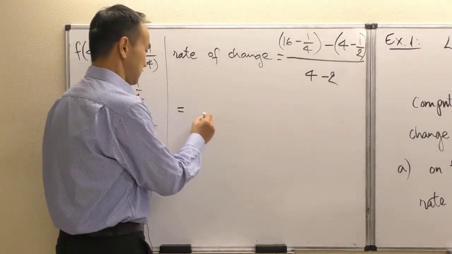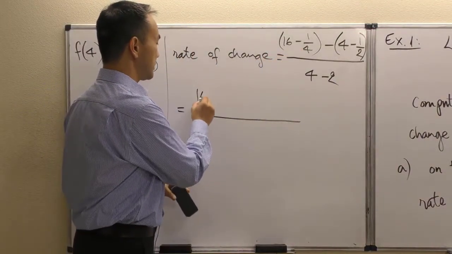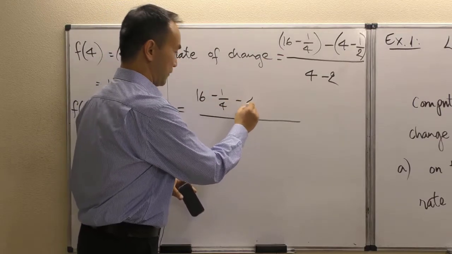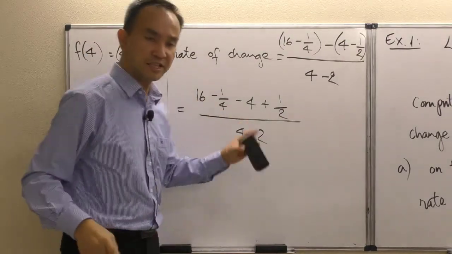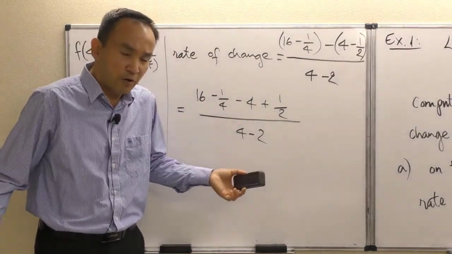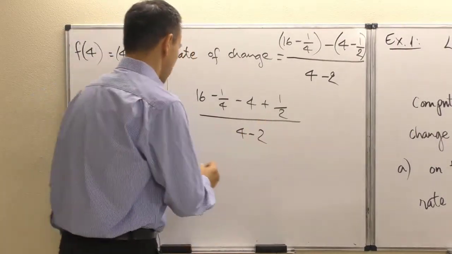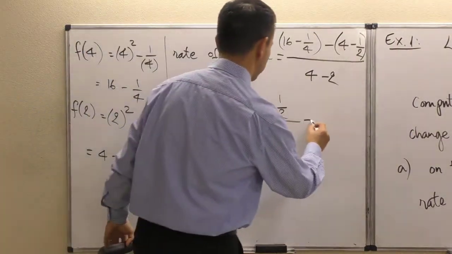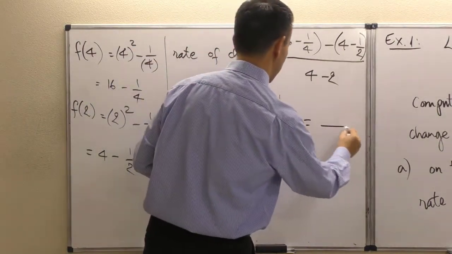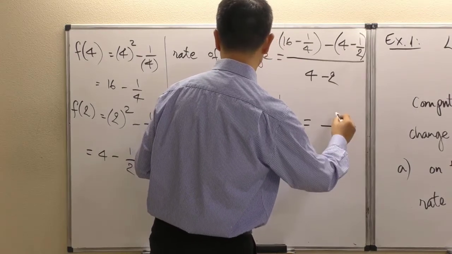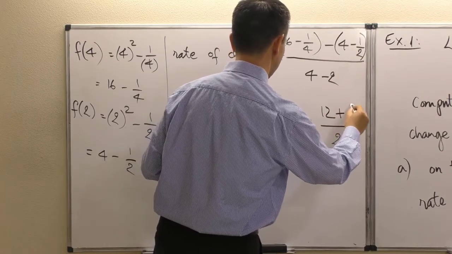So now, as we proceed further into the calculation, in the numerator we're looking at 16 minus 1/4 minus 4 plus 1/2. And I don't even need to spend time doing all of these things step by step, because anyone following along with this video should be mature enough to see this. So our reduced answer right now comes out being one over 2, and 12 plus a 1/4.